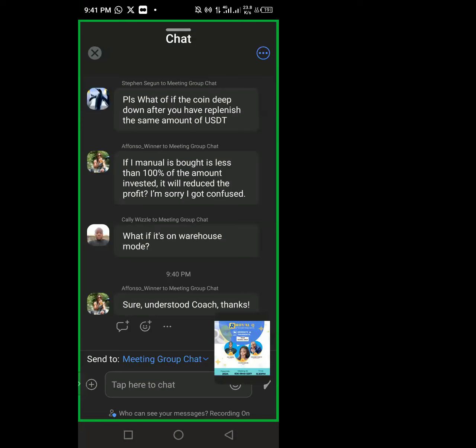You understand? It's only when you want to talk about your margin calls that you look at whether your coin is on warehouse mode or sub-beam. So it's not related to manual replenishment.